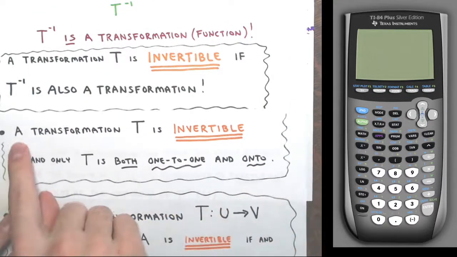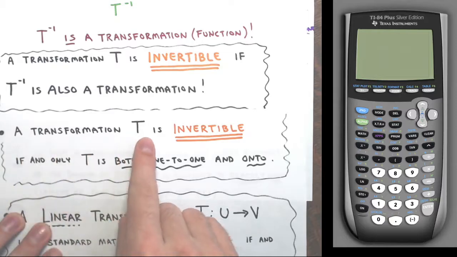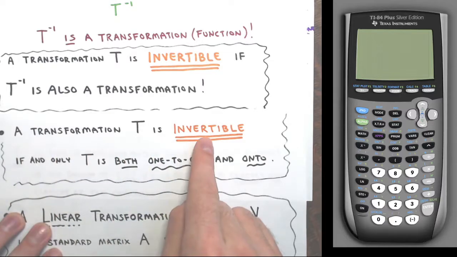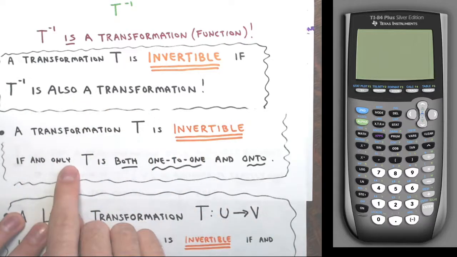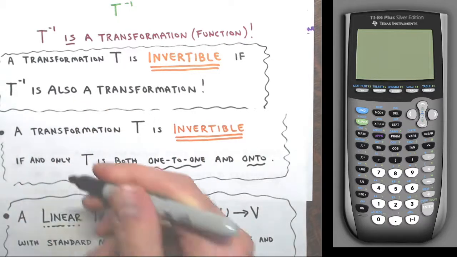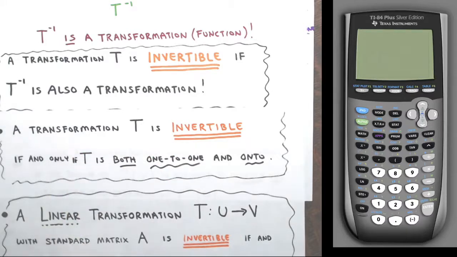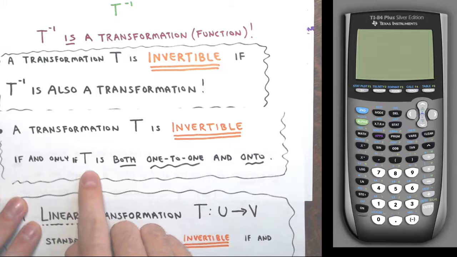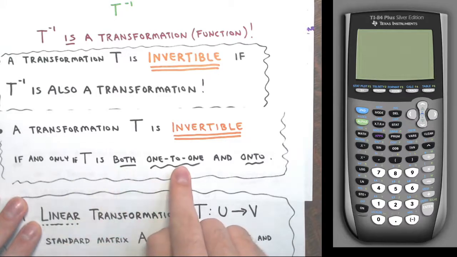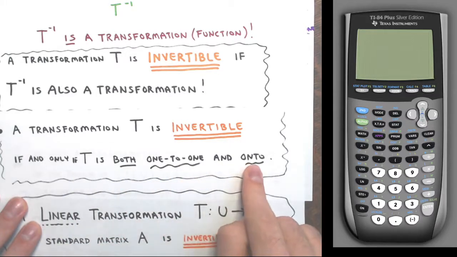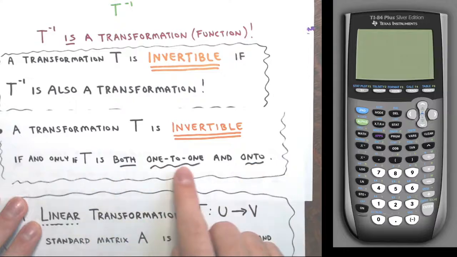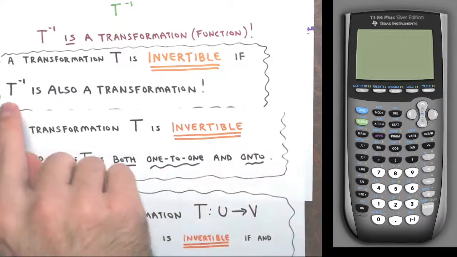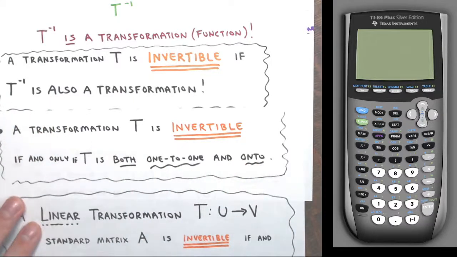A transformation T is invertible, meaning T inverse will also be a transformation, if and only if, both directions here, the transformation T is both one-to-one and onto. T has to be both in order for T inverse to also be a valid function.